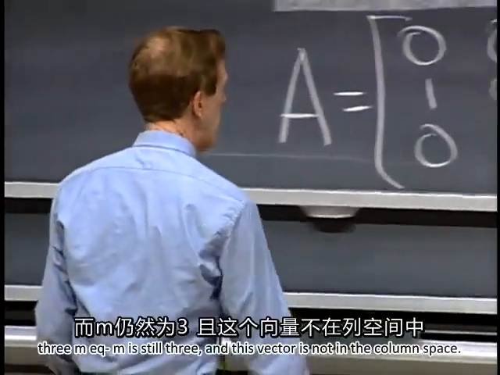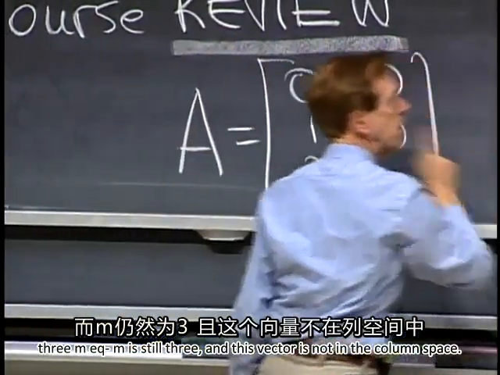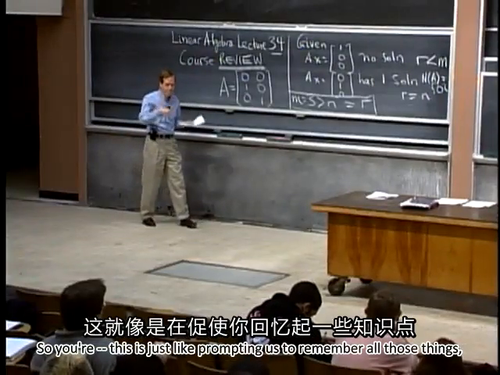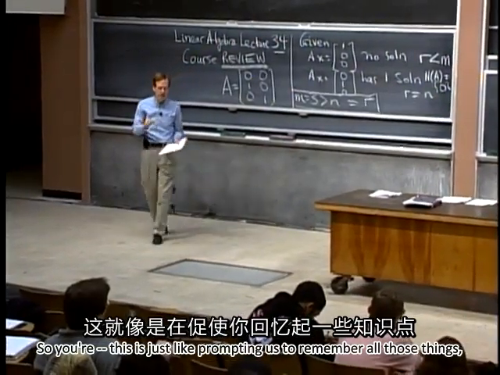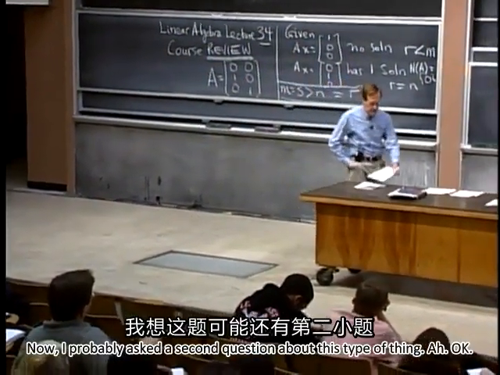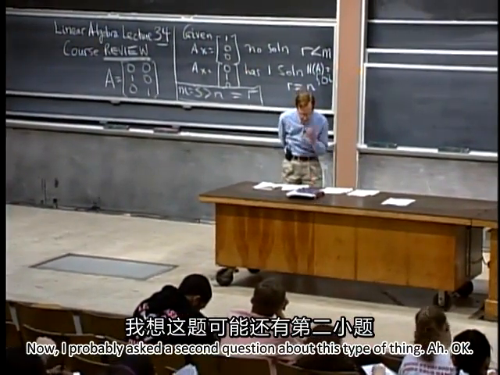But of course, m is still 3, and this vector is not in the column space. So this is just prompting us to remember all those things. Column space, null space, all that stuff. Now, I probably asked a second question about this type of thing.